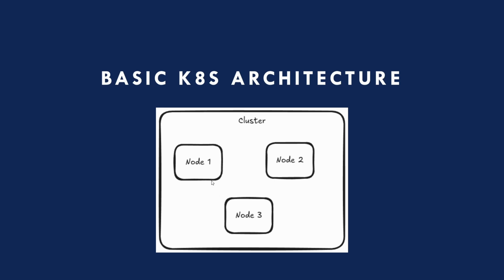As an example, if each one of these nodes has 1 gigabyte of storage, okay, and I want to have a container running here, and that container needs 4 gigabytes, we cannot make this happen because the overall storage, if we sum it up, is 3 gigabytes, and the container needs 4 gigabytes, okay?